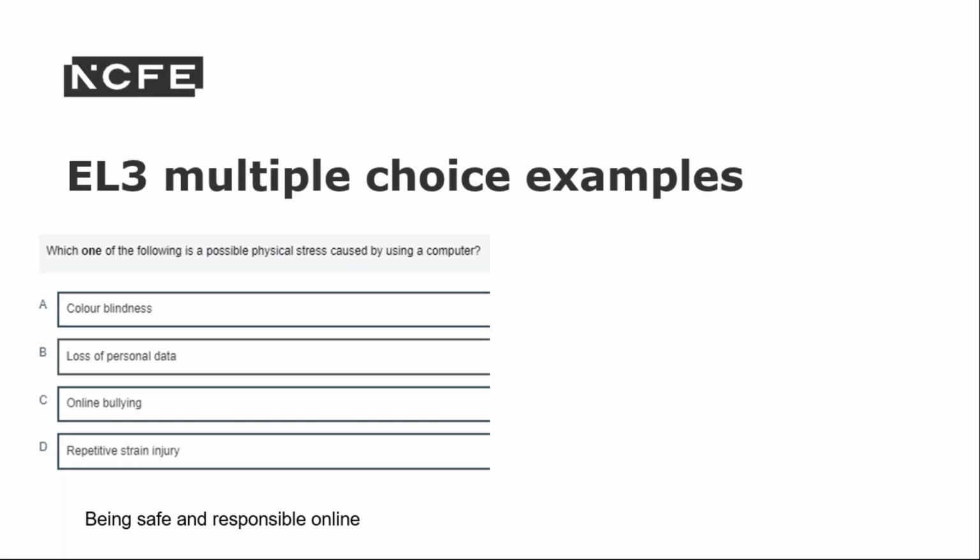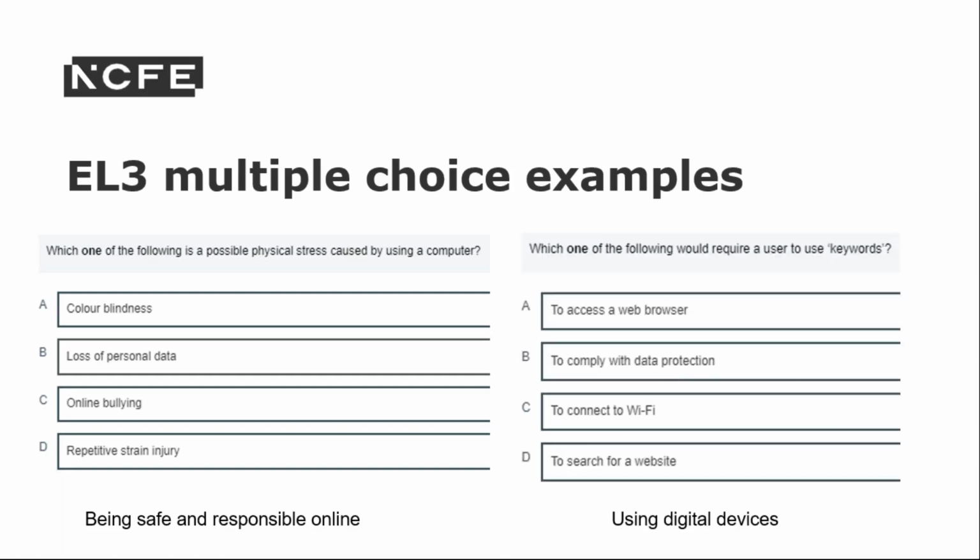Now, this next question assesses learners' knowledge of the using digital devices content. Again, I'll give you a moment to read the question, and then if you could pop your answer in the chat. So which one of the following would require a user to use keywords?